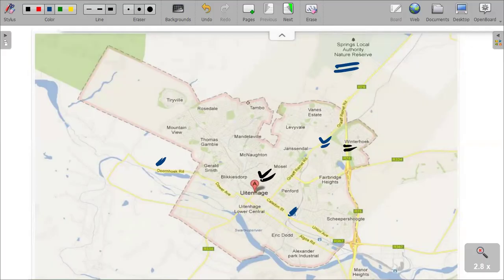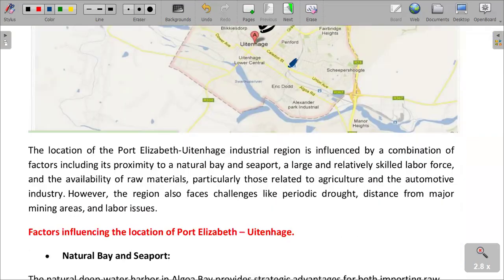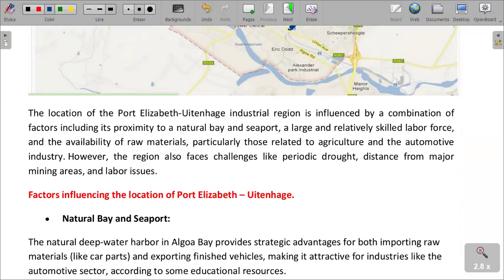We have got springs, local reserves, many other manufacturing services and commerce functions, recreation and so forth.